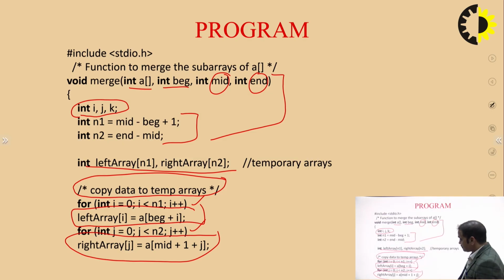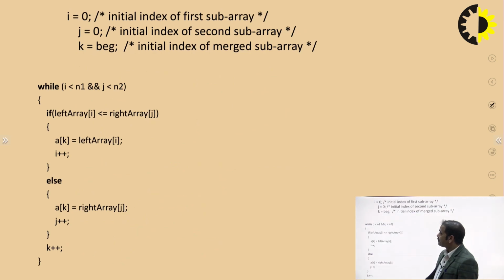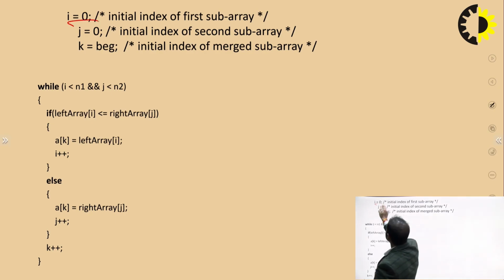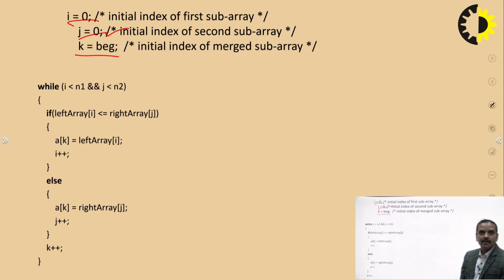By using this statement, we divide the whole array into two parts by using temporary arrays. Here are some initializations of the variables: i is initialized with 0, j is initialized with 0, and k is initialized with beginning. Beginning is the first index of the array.